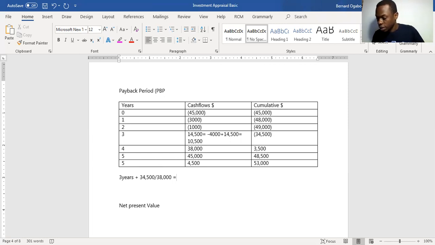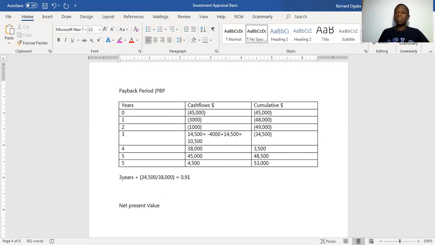So if I say 34,500 divided by 38,000, this portion alone gives me 0.91.